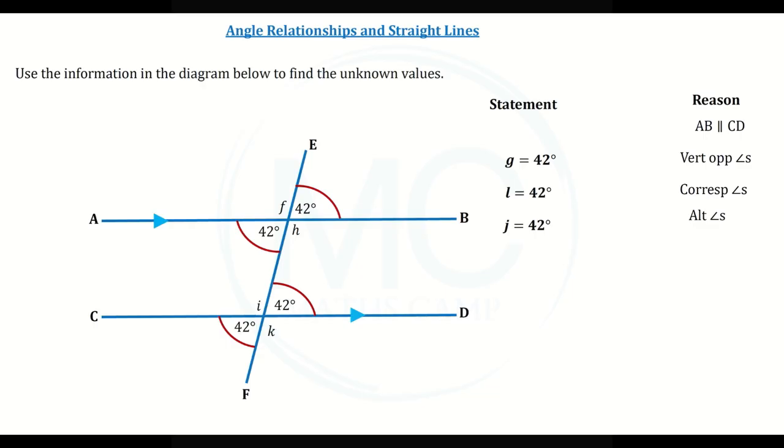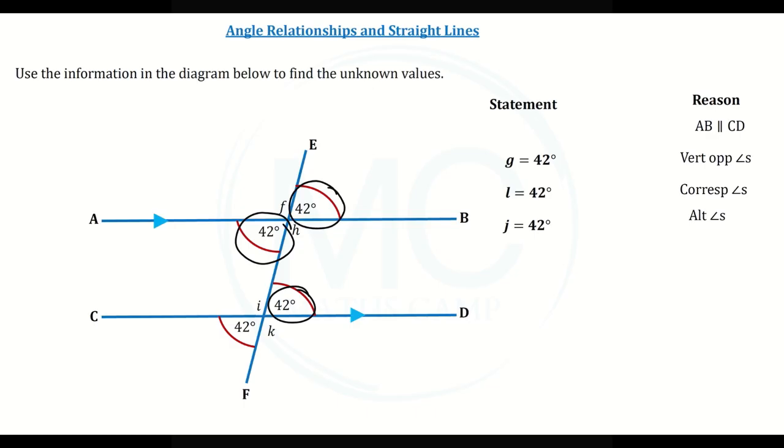Also, more importantly, the reason you give can differ depending on the angle you relate your answer to. Here, we've just found that J is 42 degrees. And we said that J is 42 because it is an alternate angle to this angle over here. But J is also a corresponding angle to this angle up here.